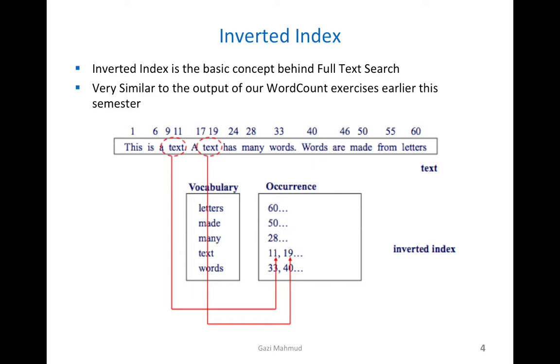For the example that I'm showing on the screen here, the list of words are gathered as keys, and as values a list of indices of the words within the blob of text.